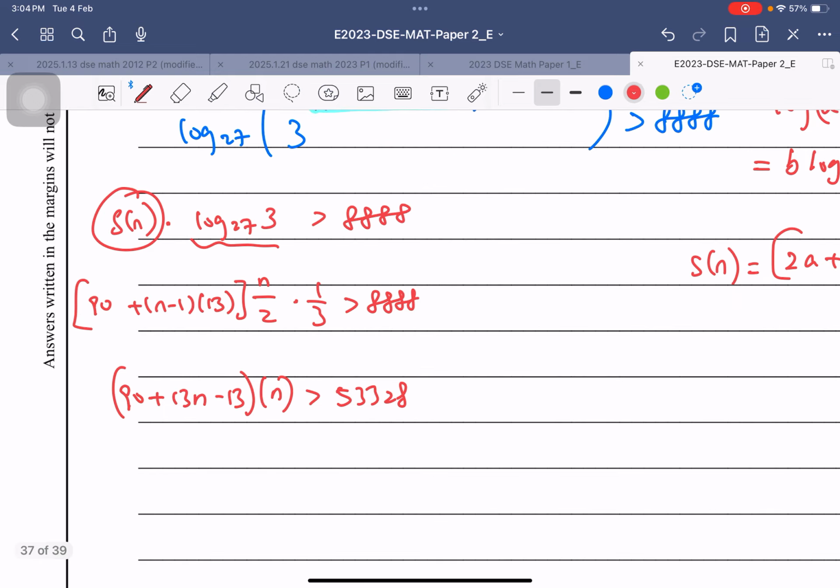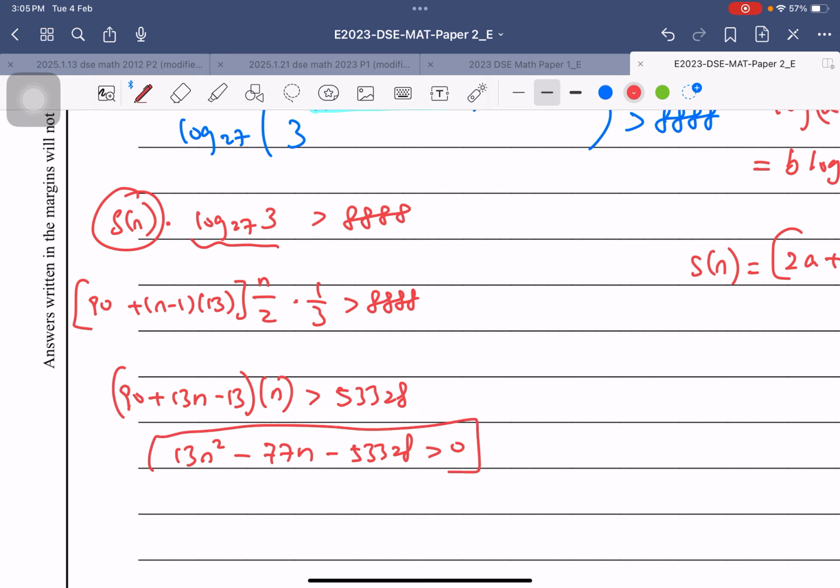And now I simplify it. 13n times n giving you 13n squared. 90 minus 13 giving you 77. So plus 77n. And I move the constant to the left hand side. Minus 53328 greater than 0.